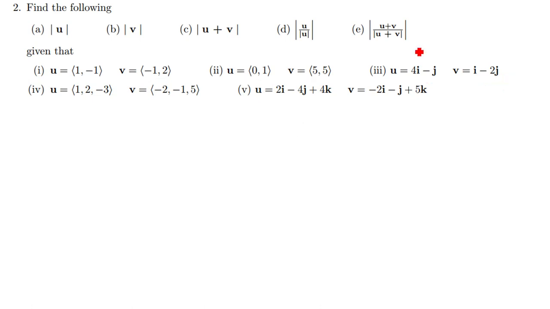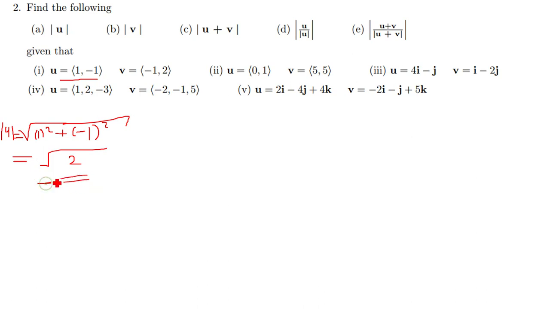So the magnitude of u is simply the square root of 1 squared plus (-1) squared. This will simply give you the square root of 2.